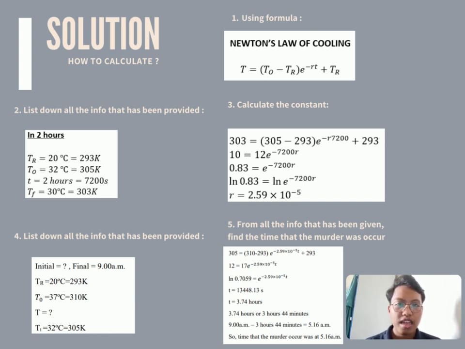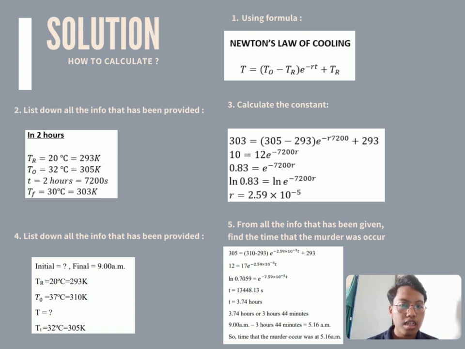Next, we can find the time that the murder occurred. The dead body was found at 9 a.m. but we don't know the initial time. The data given: room temperature is 20 degrees Celsius, equal to 293 Kelvin. Initial temperature of the dead body is 37 degrees Celsius, equal to 310 Kelvin, and final temperature is 32 degrees Celsius, equal to 305 Kelvin.